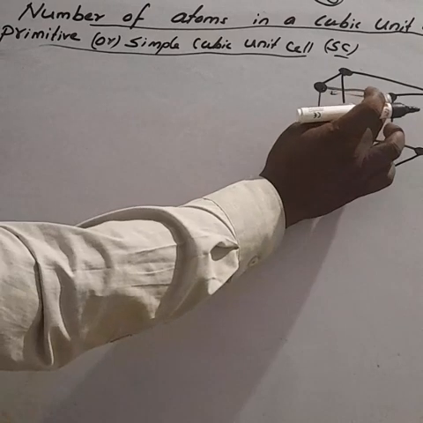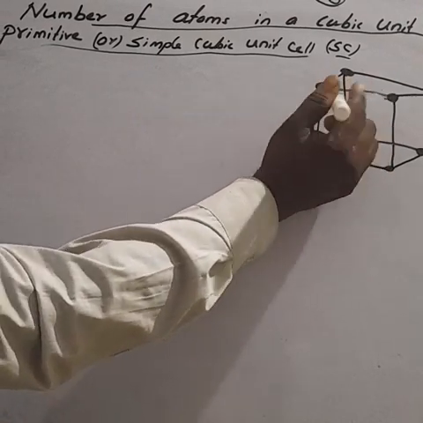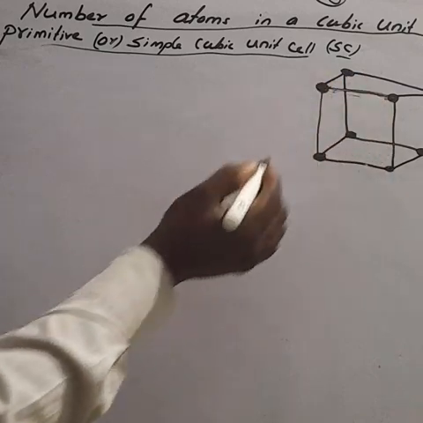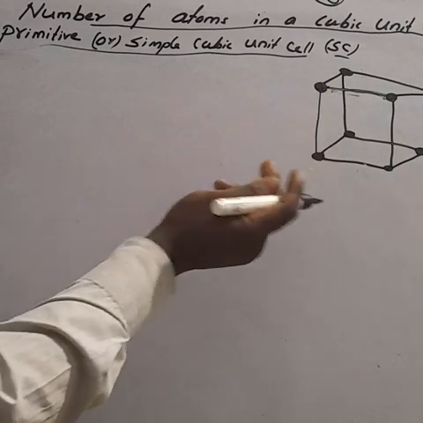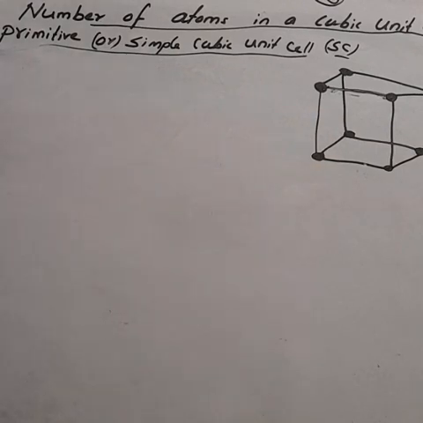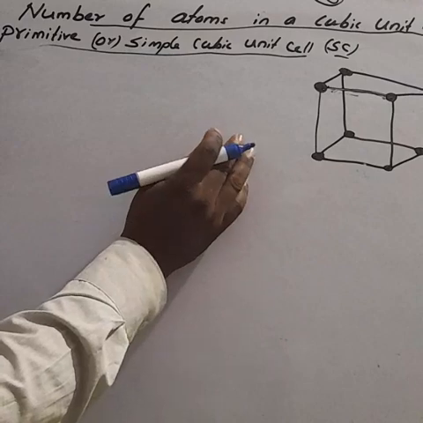In the simple cubic cell, each corner is occupied by an identical atom, ion or molecule. They touch along the edges of the cube. They do not touch diagonally. As per the textbook, we have 3 diagrams, but this diagram is enough.